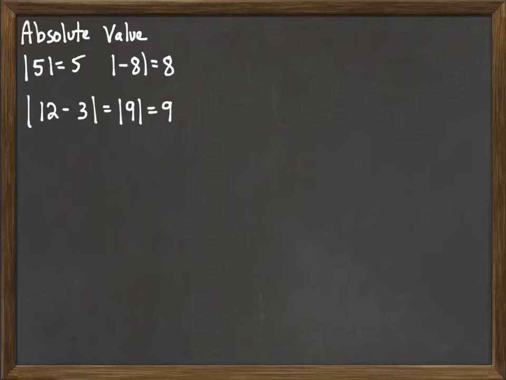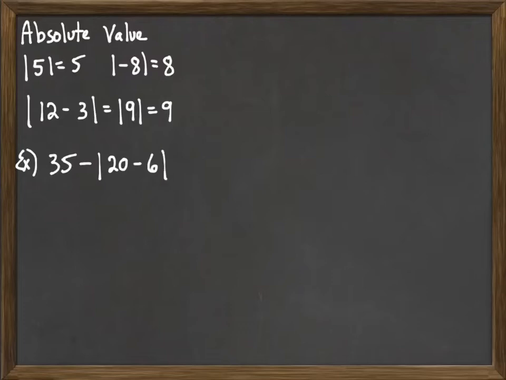So in this case, 12 minus 3 is 9. And then finally, once we have the absolute value of just a single number, then we can take the absolute value. It's really important that you don't try to distribute the absolute value through, that you work out the inside, treat it like a grouping symbol, and then do at the end the absolute value of whatever's left.